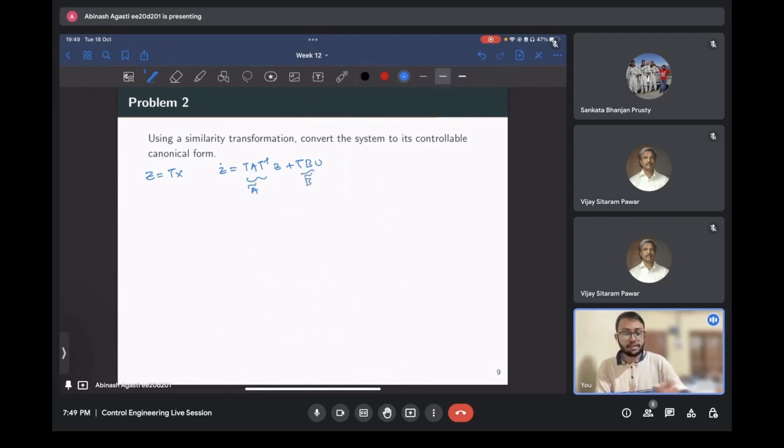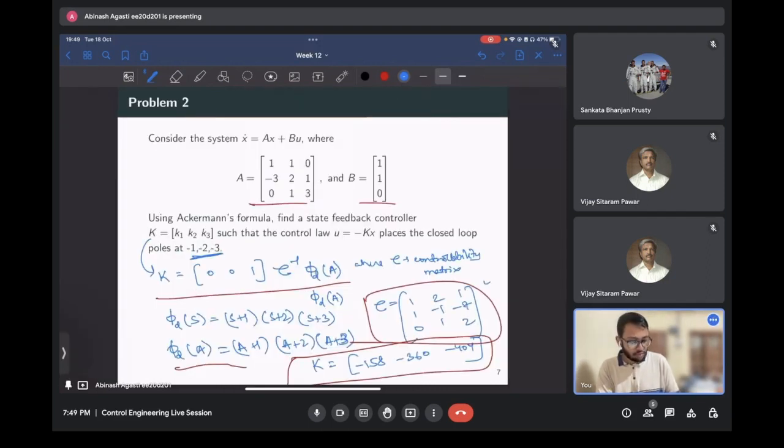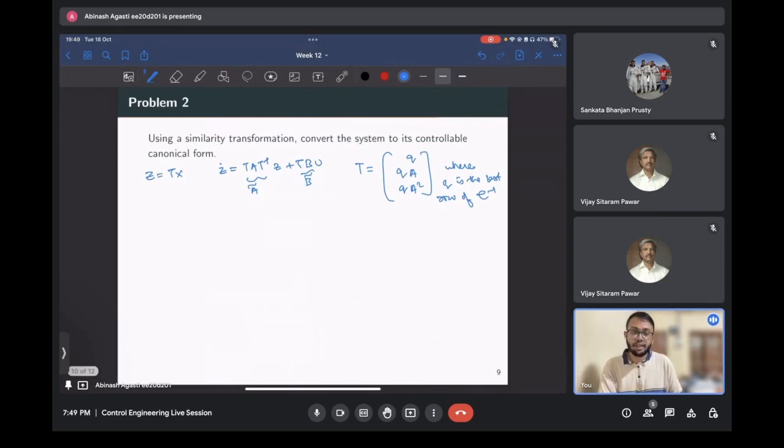Now the desired transformation that will convert this state space system to its controllable canonical form is given by T with rows Q, QA, QA squared, where Q is the last row of the C inverse matrix. So you take the C matrix you had here, take its inverse, find Q, then get this similarity transformation, and then A tilde and B tilde.